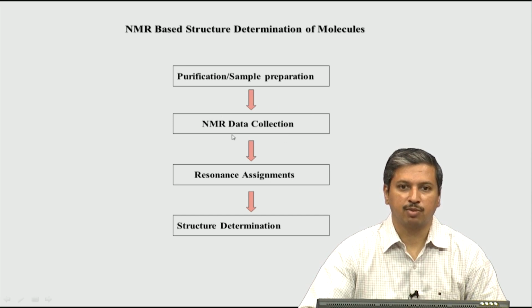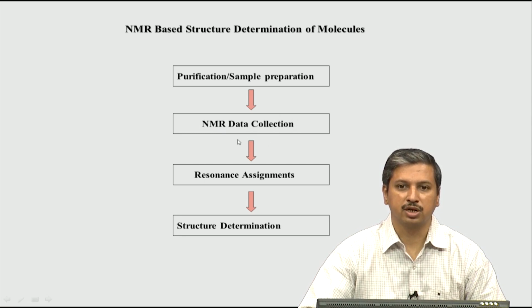So, you put the sample in the magnet, and then we record a series of NMR data. This is typically 1D NMR, 2D NMR, and in the case of biomolecules like proteins, 3D NMR, but we will restrict in this course only to 1D and 2D. Once you record the data, we have to process and analyze the data, as we have seen.